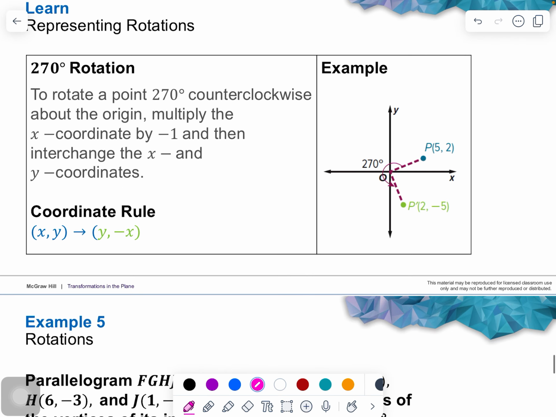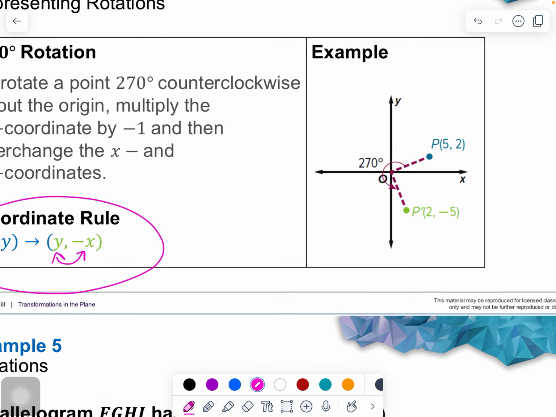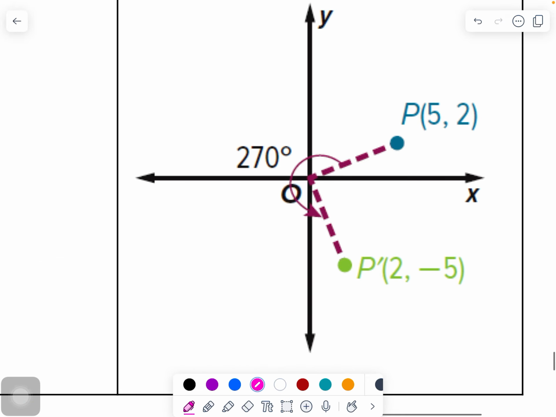270-degree rotation. Now here's the rule. Same as the 90, they switch, but now the X is negative. So if we look here, we've got this distance, and now it's 270 on the outside.